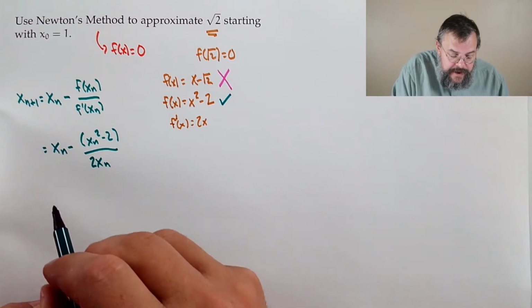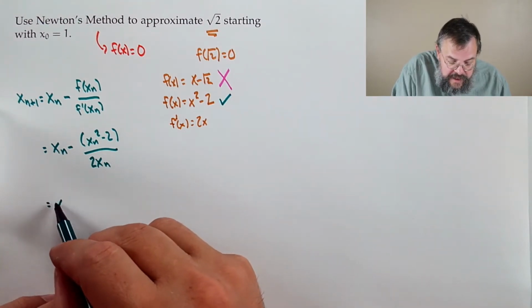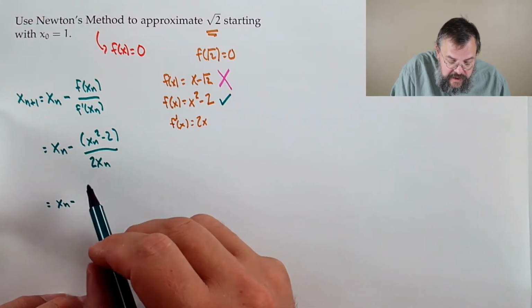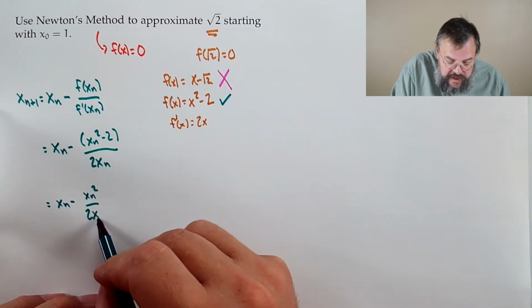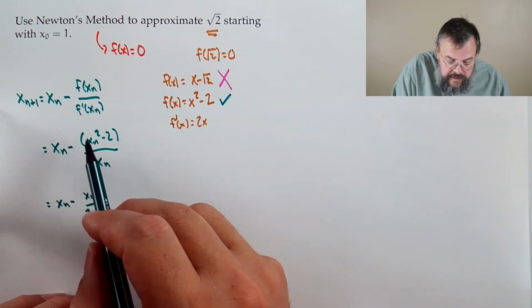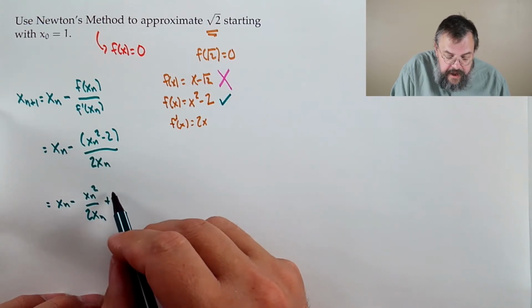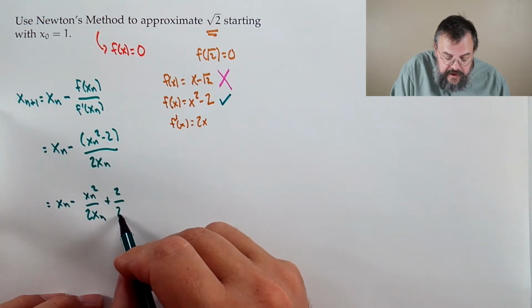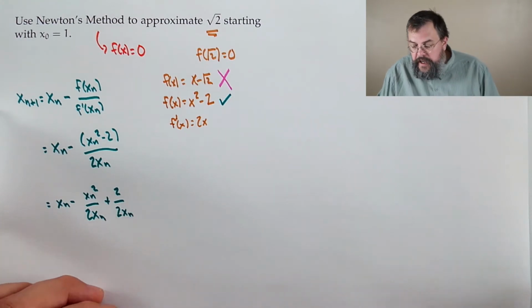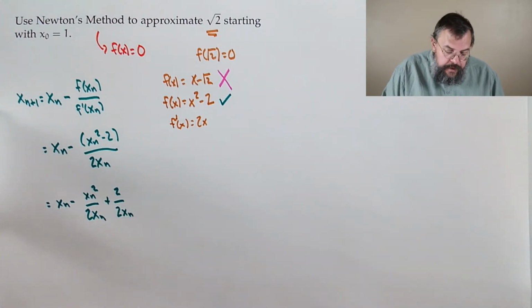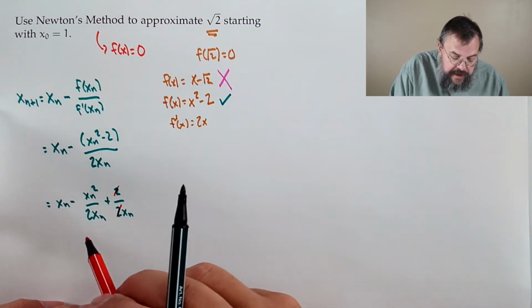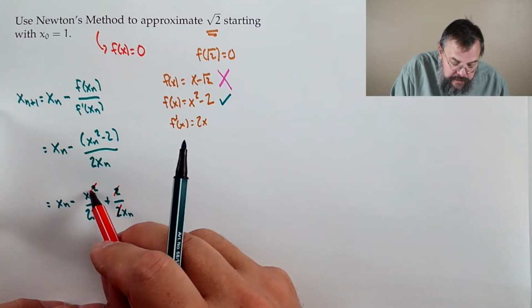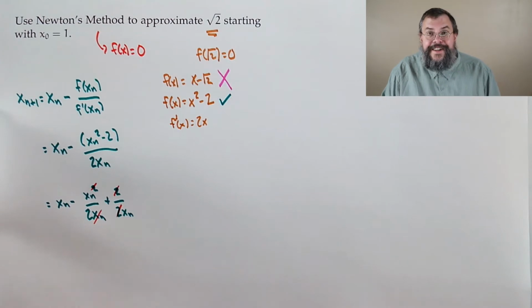All right, so what do we do? Well, that would be xn minus xn squared divided by 2xn, and then minus minus makes a plus, 2 divided by 2xn. And we say, aha, we can do some things. We can cancel some 2's, and we can cancel some of the xn's in this middle term. All right.